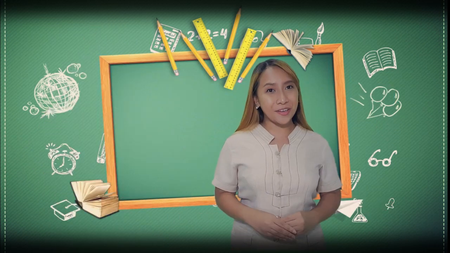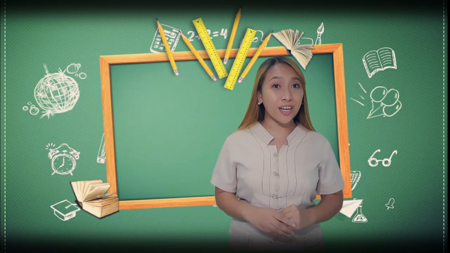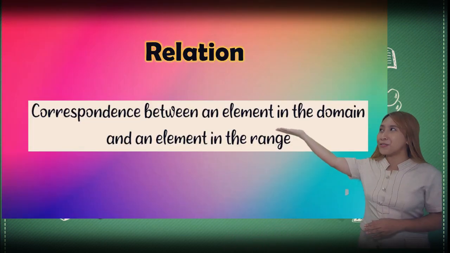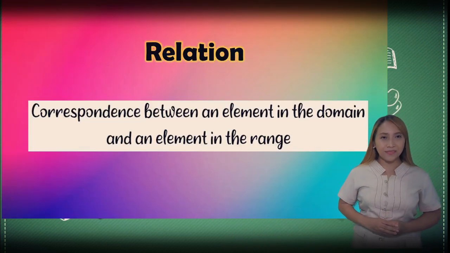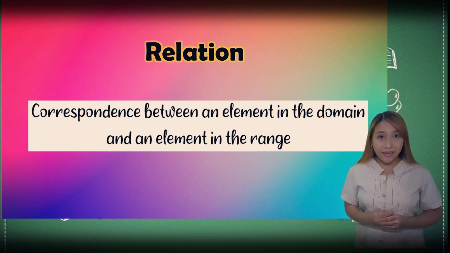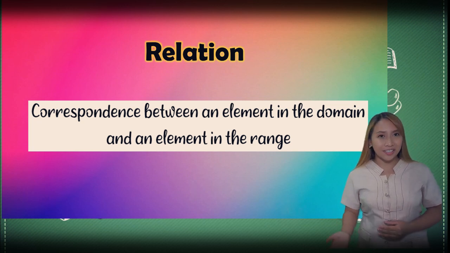Before we can represent real-life situations using functions, of course, we need to know what a function is. And to define a function, we need to start with relation. Relation is a correspondence between an element in the domain and an element in the range.